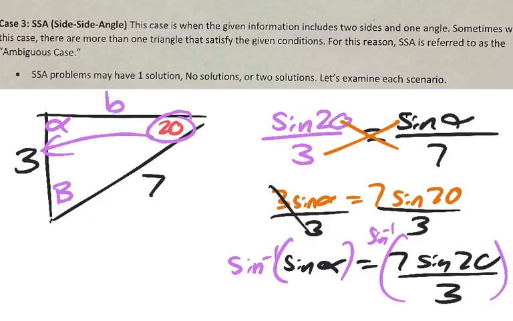If you did the inverse sine and you got a math error, then that means there would be no solution. And that happens sometimes. So this one is not no solution because we found a solution. But it's not necessarily the solution, because it could be a second. Here's how you find out if there's one solution or two solutions.